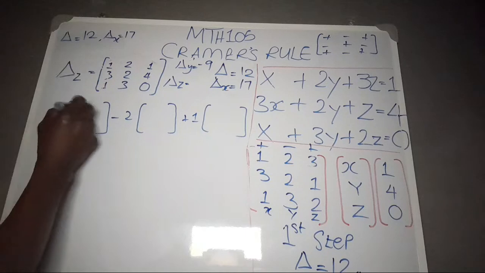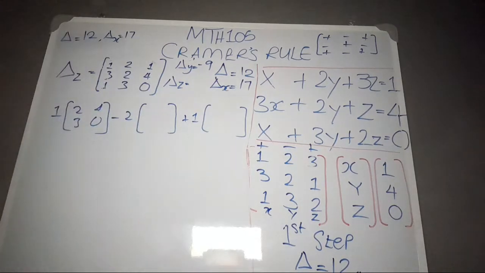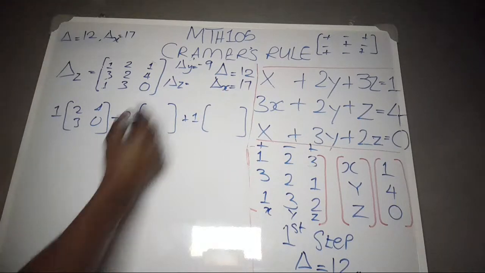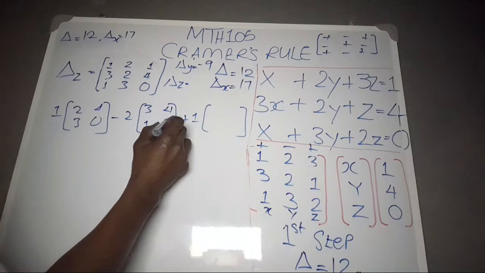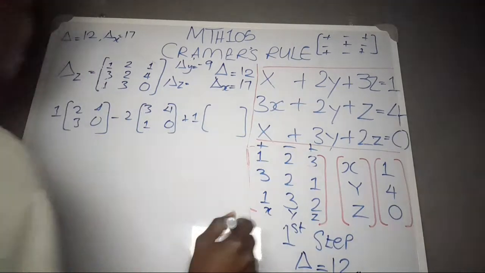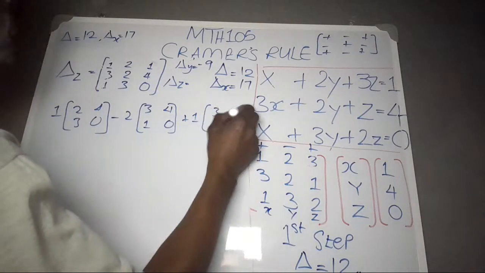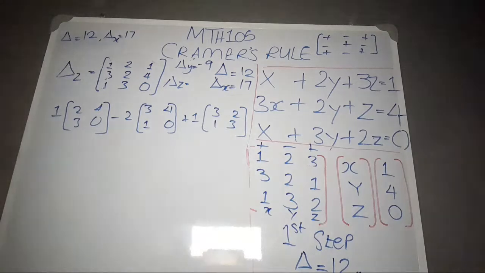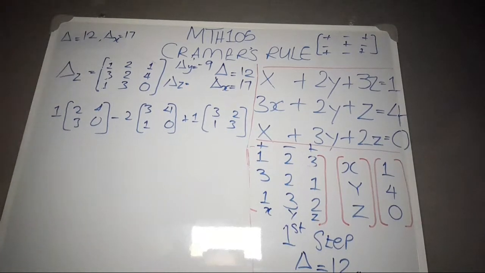So we have 2, 4, we have 3, 0. The same thing applicable to row 1 column 2, where we have 3 and 4, we have 1, 0. Same thing applicable to row 1 column 3, we have 3, 2, 1, 3. Then we do our multiplication thing.